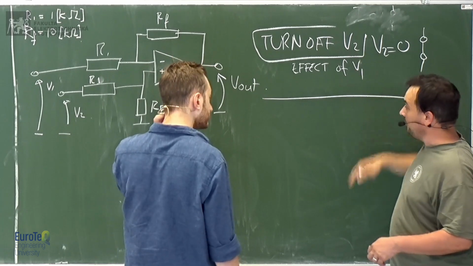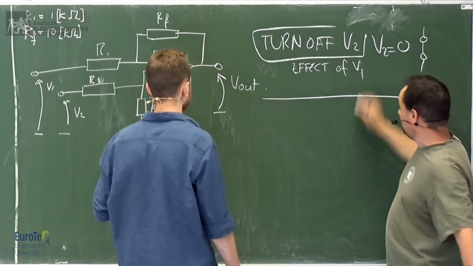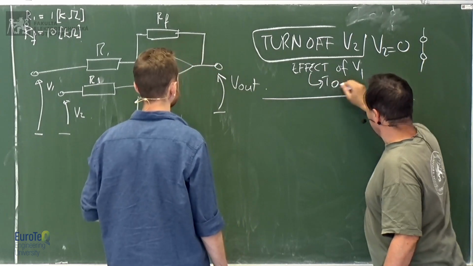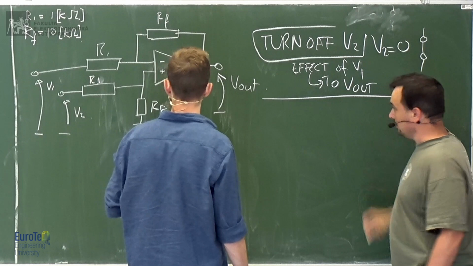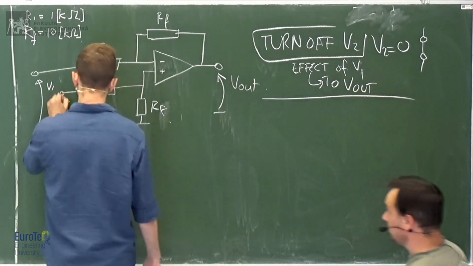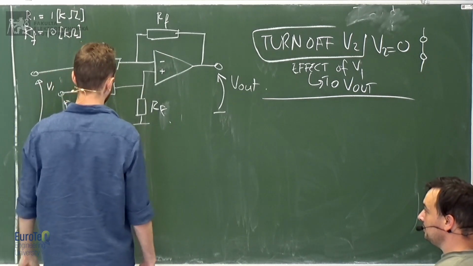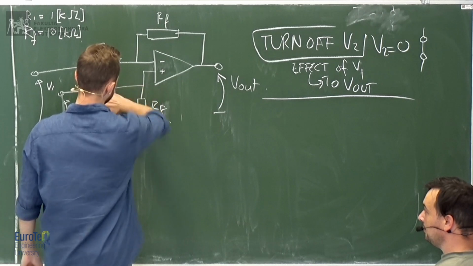So let's turn off V2 and let's watch the effect of V1 on the output, okay? You can do it there directly. V2 is turned off. Okay, what do you have? This is completely shorted now, so this doesn't exist.